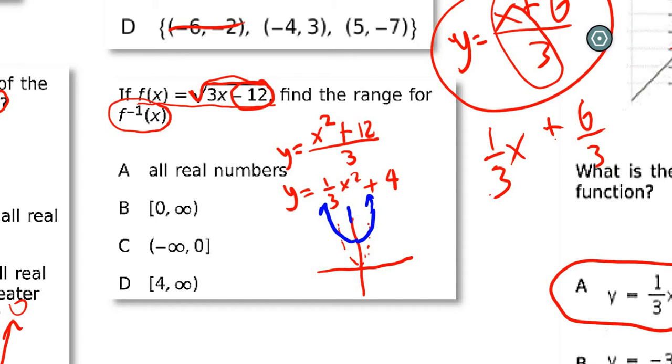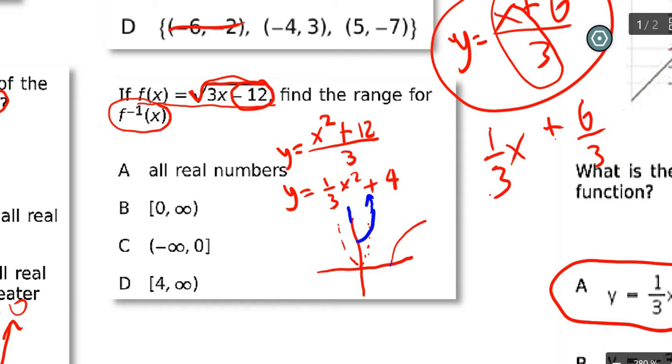Now this is a square root, obviously. It's the square root function that was given to us originally. So that goes like that. We don't need this part of the parabola, so we can just erase that, because it's not part of our function.